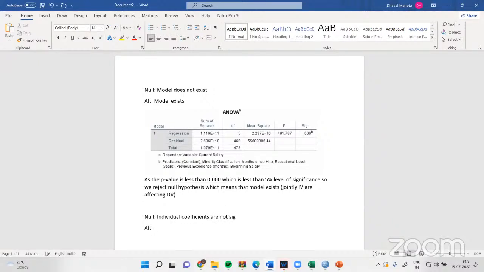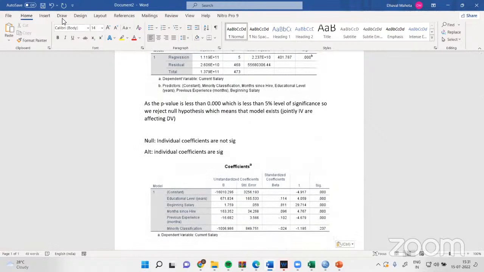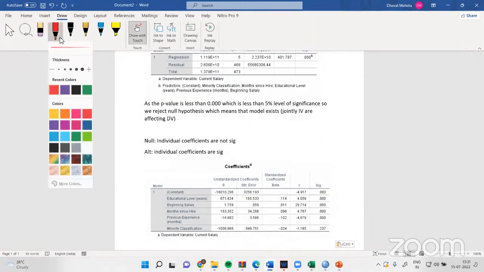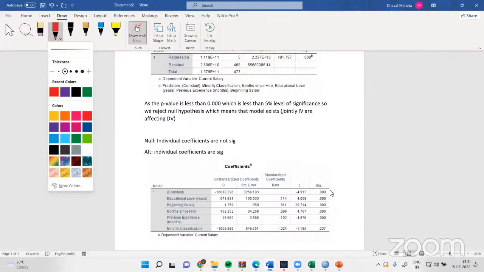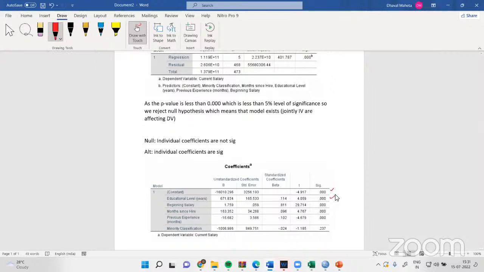Alternative: individual coefficients are significant. Okay. Now see the values. P values, are they significant? So significant: yes, yes, yes, yes, yes, yes.